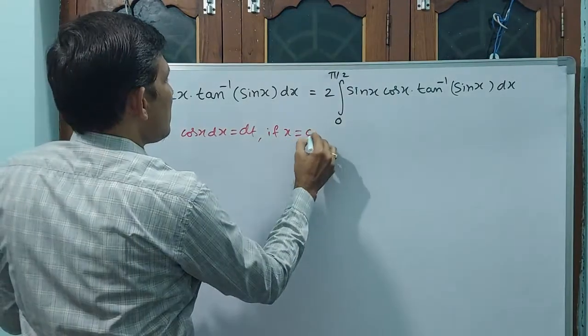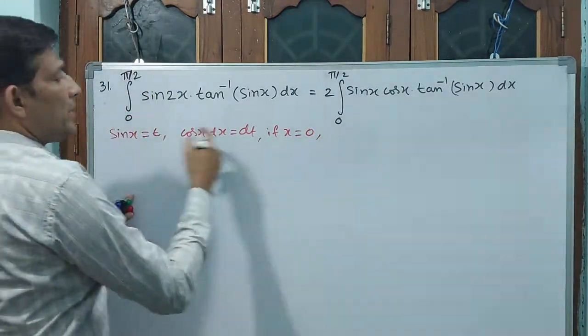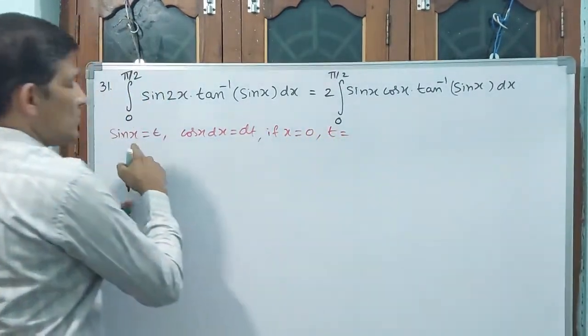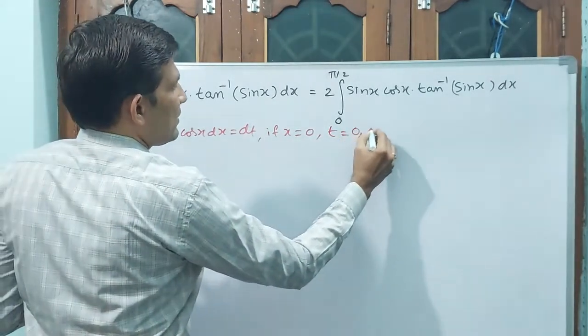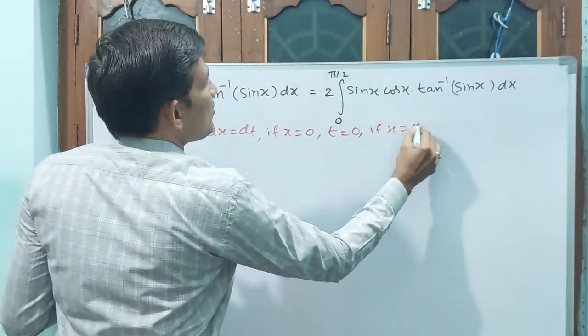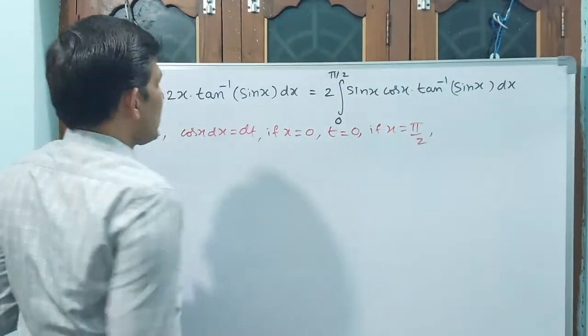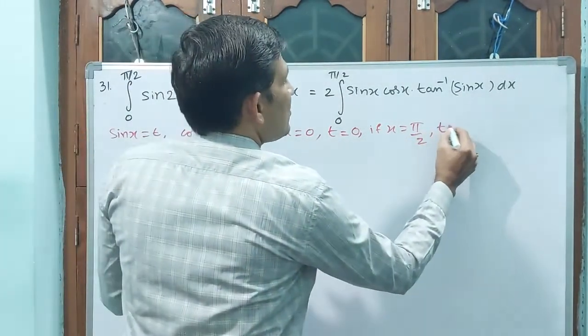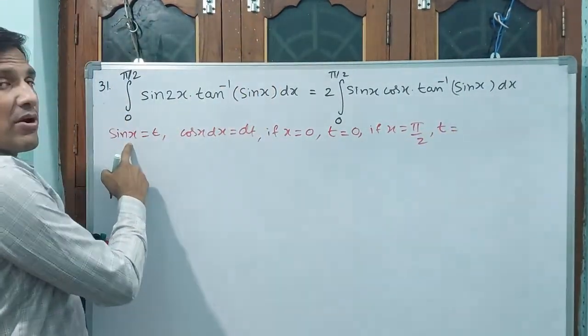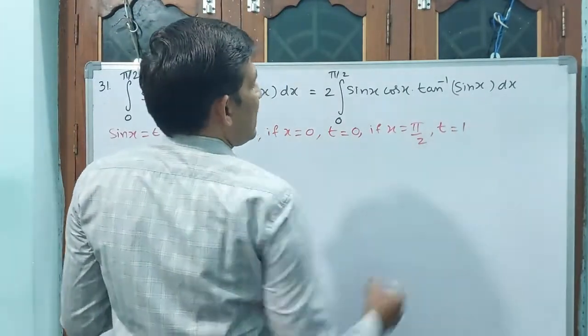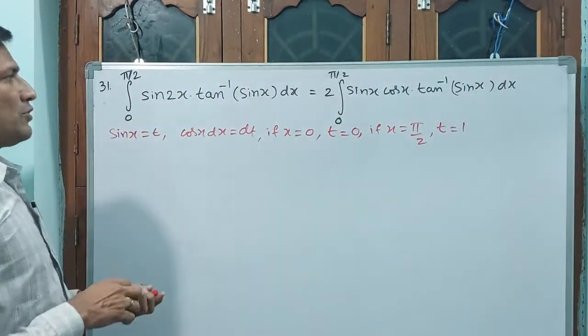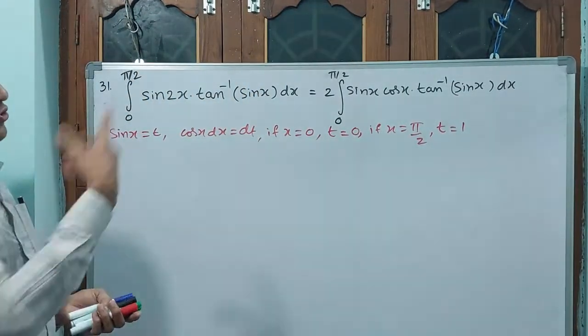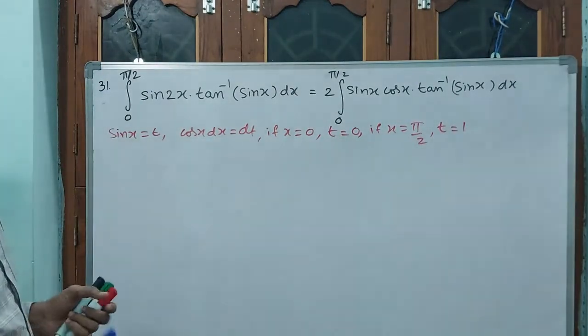If x is equal to 0, t is equal to sin 0, which is 0. If x is equal to pi by 2, t is equal to sin pi by 2, which is 1. Now the limits have changed from 0 to pi by 2 to 0 to 1.